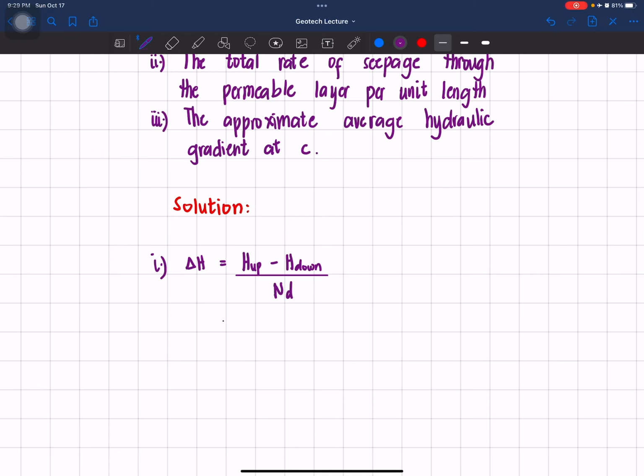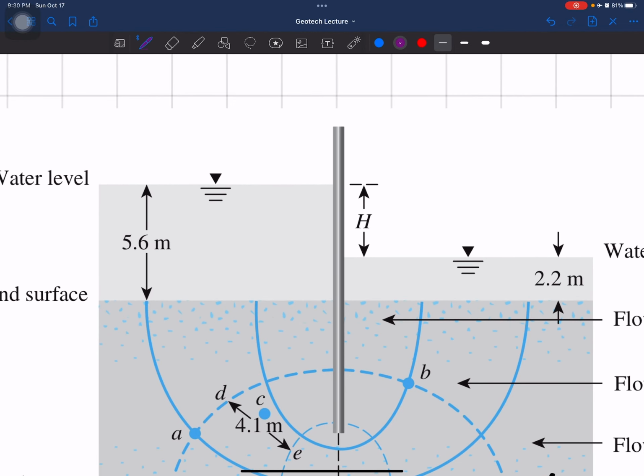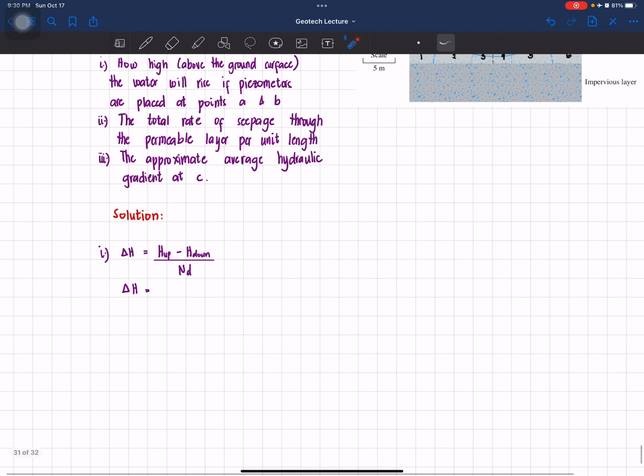That is equal to 5.6, because that's the upstream elevation of our water, and then 2.2 downstream, and then we have 6 equipotential drops.